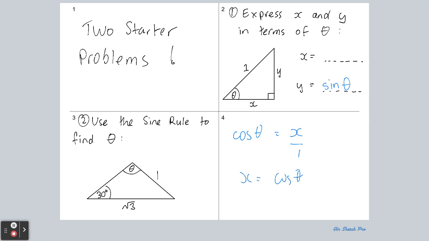So I've got these two results here that if I have a hypotenuse of 1, the horizontal length is just cos theta, and the vertical length is sine theta. Why that's important, I will get onto a little bit later, but I want to make sure that if you've got any questions, you ask them now before I move on.